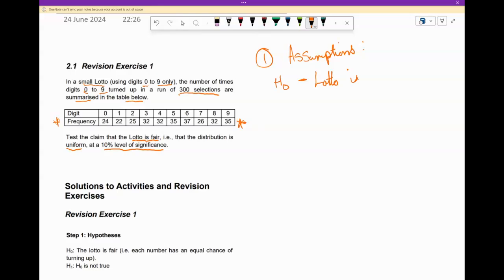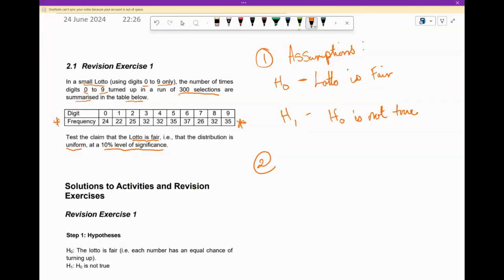Lotto is fair. And then obviously H1, what are we saying? If you want to make your life simple, you just say H0 is not true. Simple as that. So that's step number 1.